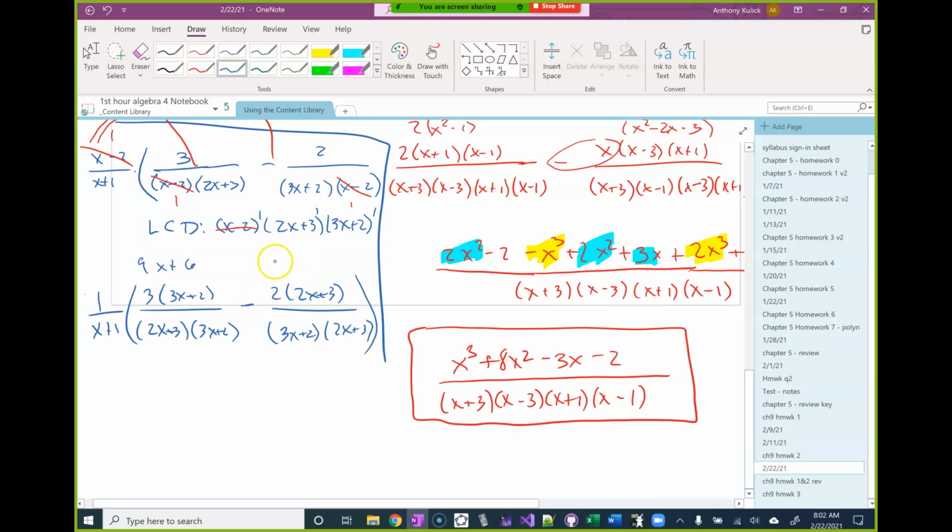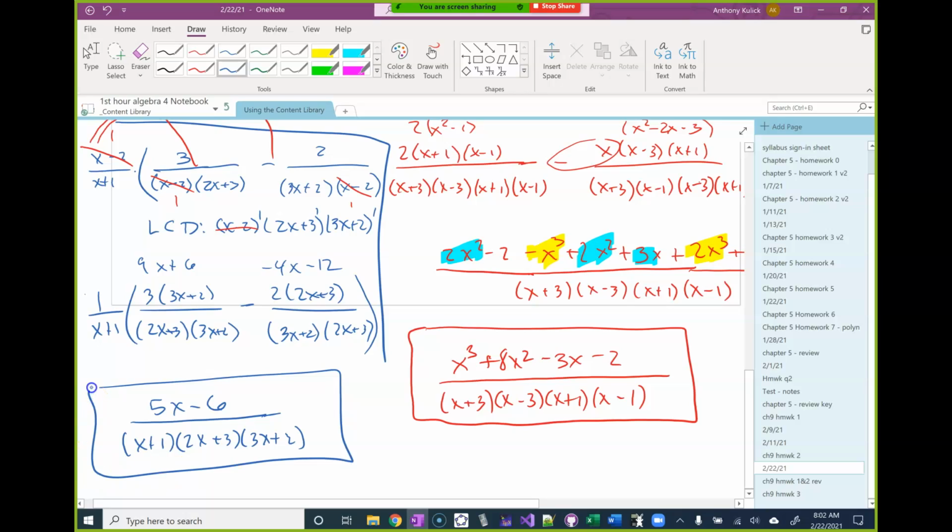And if I distribute the negative 2 through, it's going to give me negative 4x plus or minus 12. And then if I combine my like terms, that's going to be 5x. And then that's my final answer.